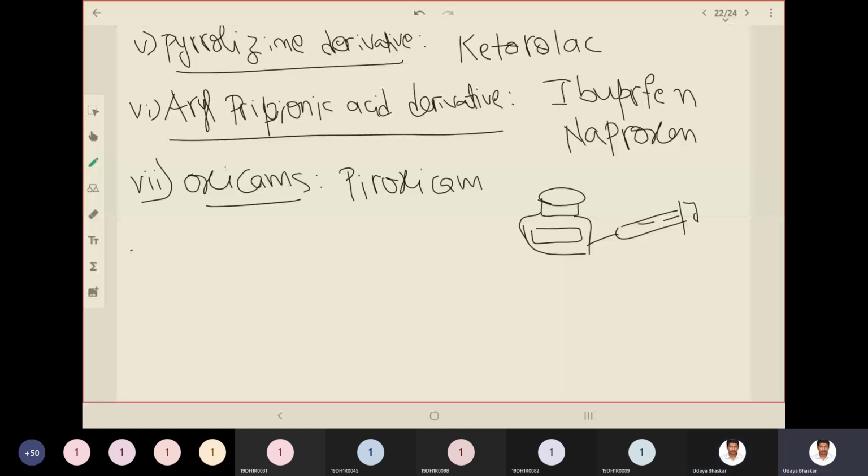The example is phenacetin, and the next drug is your very favorite drug, the one your nurse told you to take after vaccination, that is paracetamol.